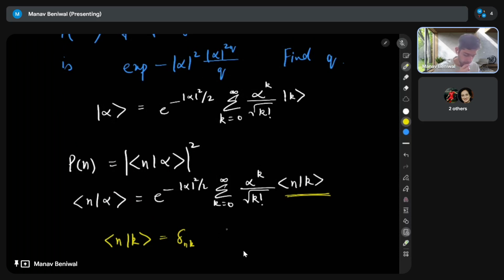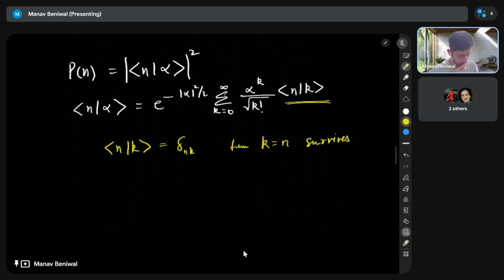Which means out of all these terms, where k is 1, 2, 3, 4 and so on, the only term that survives is when k equals n. All other terms go to 0. Therefore, our inner product of n with alpha becomes e to the minus mod alpha squared over 2, and out of all of this we have only the nth term, so alpha to the n over under root n factorial. That's it.